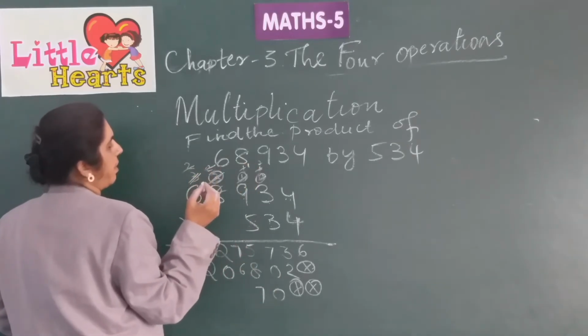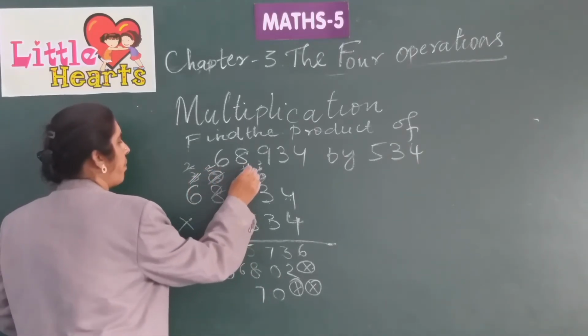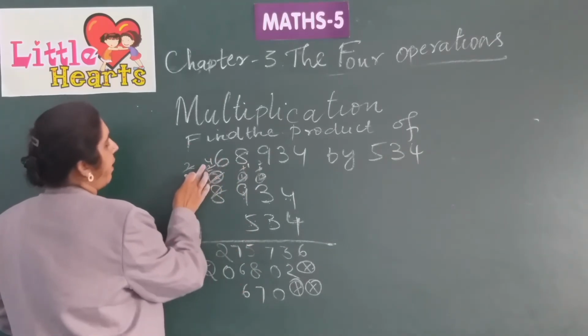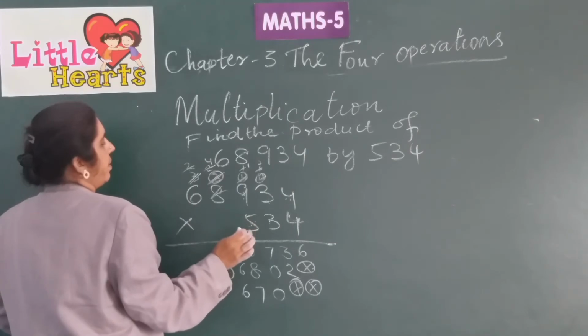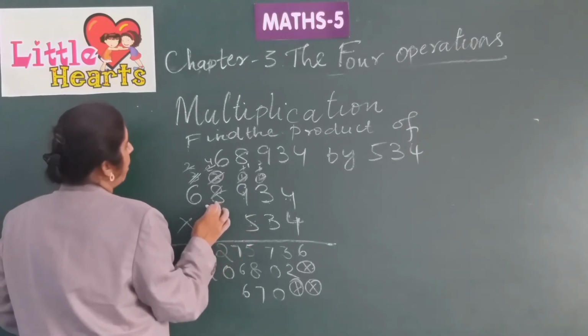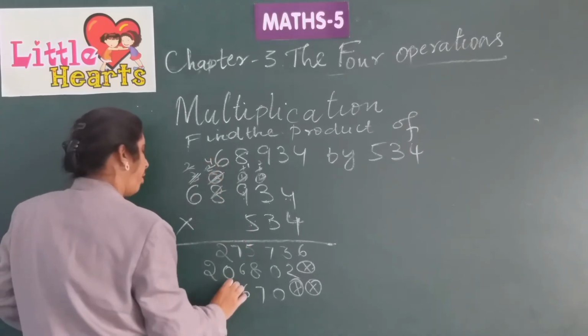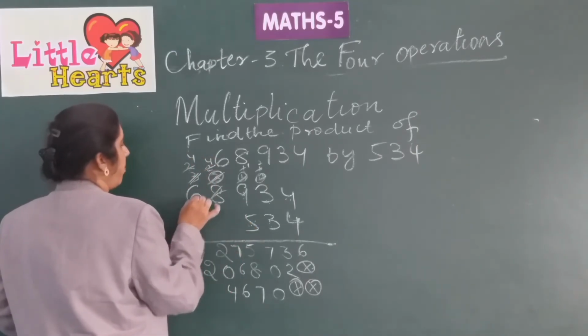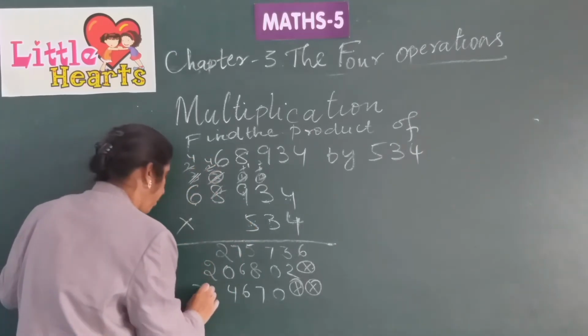Carry 1 here. 5 9s are 45 plus 1, 46. Carry 4 here. 5 8s are 40 plus 4, 44. 5 6s are 30 plus 4, 34.